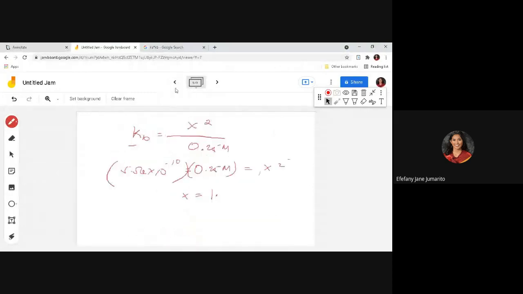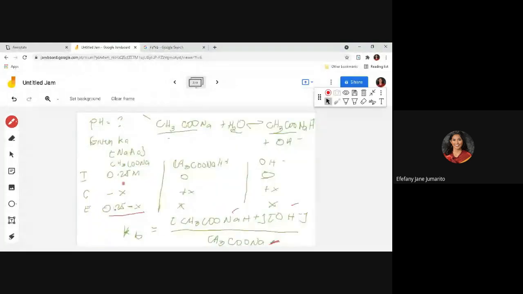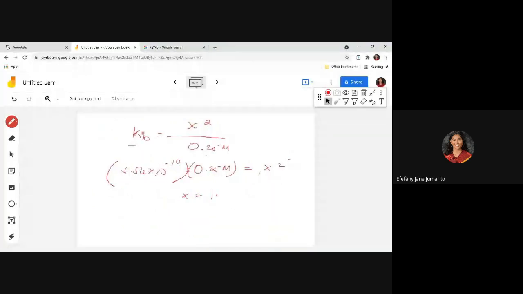So let's go back. From the ice table, Kb is equal to x squared, because we let CH3COOH as x and also the OH as x, divided by the concentration of CH3COONa. So we have Kb is equal to x squared over 0.25.